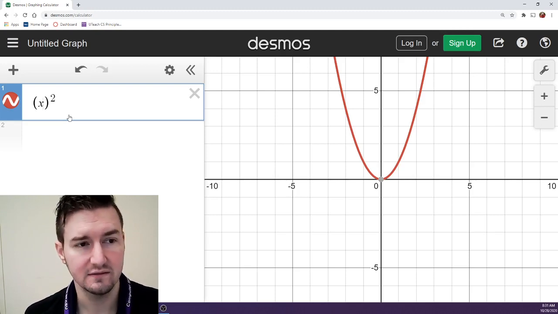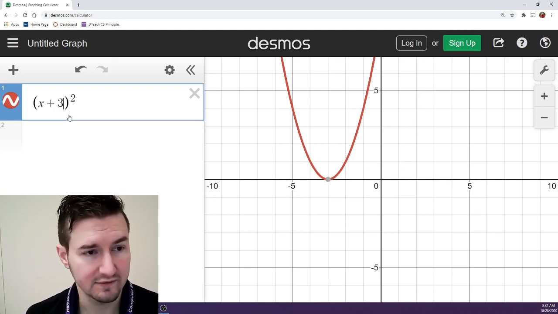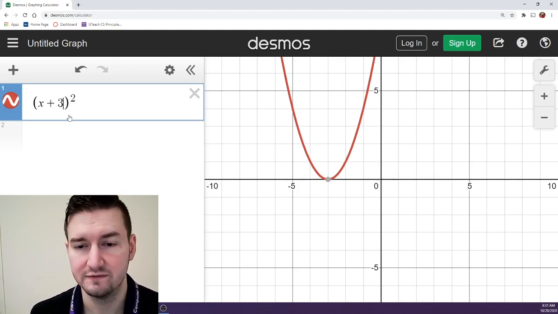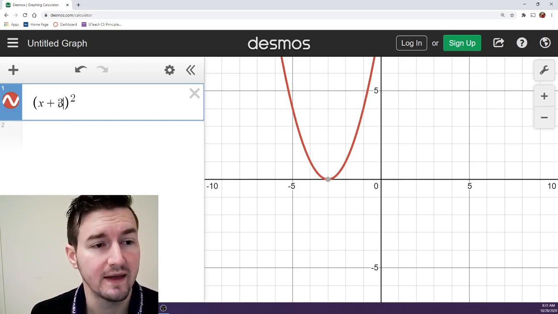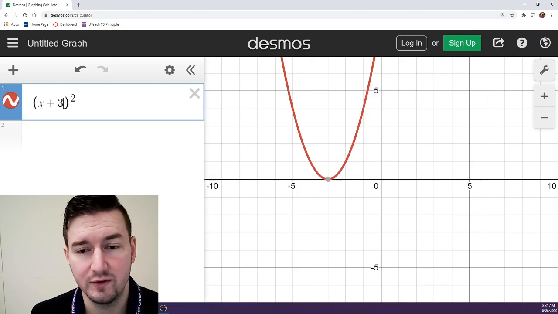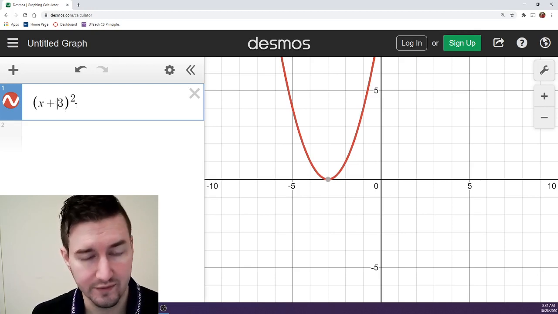So not onto the end, but right inside there. So if we did plus 3, notice that it moves it to the left. This is a little bit backwards to what you would think, but if we add 3, that moves it left inside, and you have to be inside those parentheses.